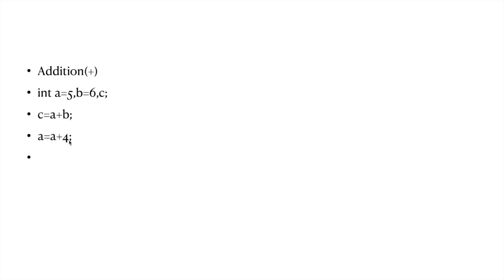In mathematics this kind of statement will not have a meaning, because it would result in a statement of 0 equals 4. So in Java it means add 4 to the value of a and assign the result to a. This is one of the different semantic uses, syntactic uses, in Java.